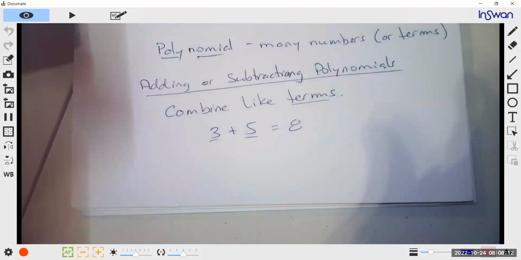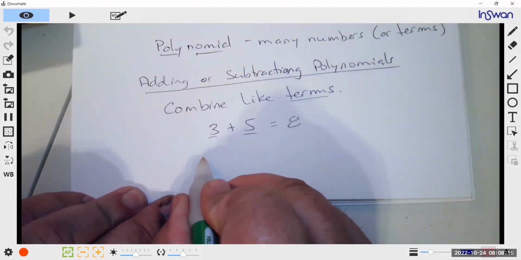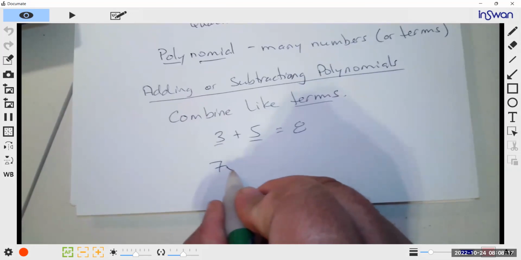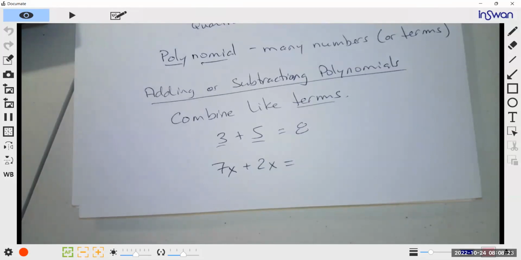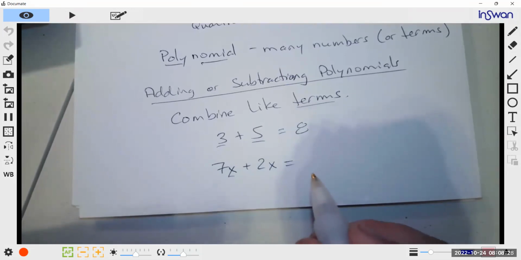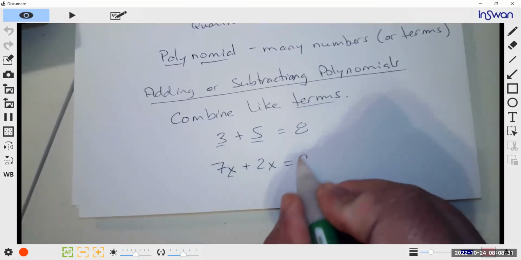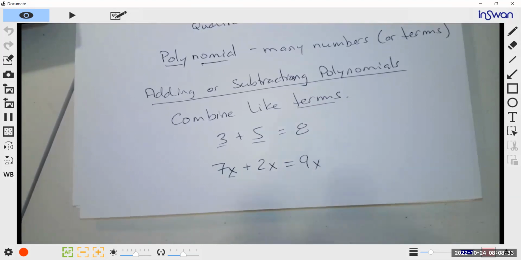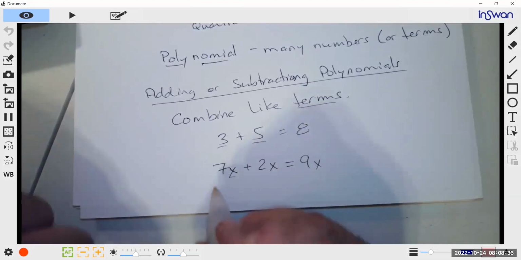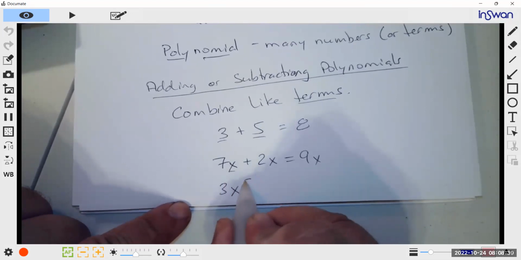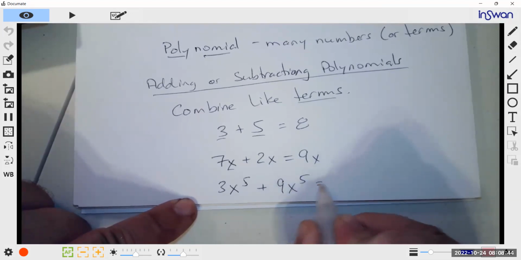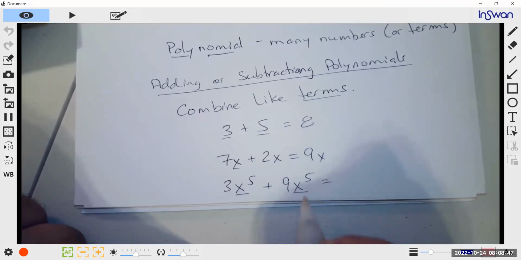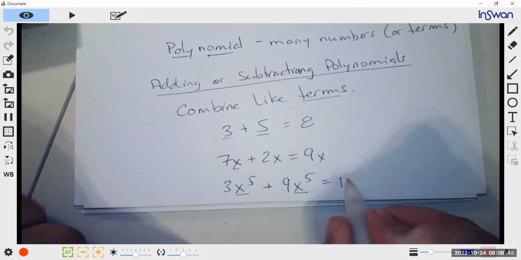They're just numbers. So what if we had 7x plus 2x? They're common terms because they both have x's. 7 plus 2 is 9x. Or 3x to the 5th plus 9x to the 5th. Since they both have x to the 5th, we add their coefficients.